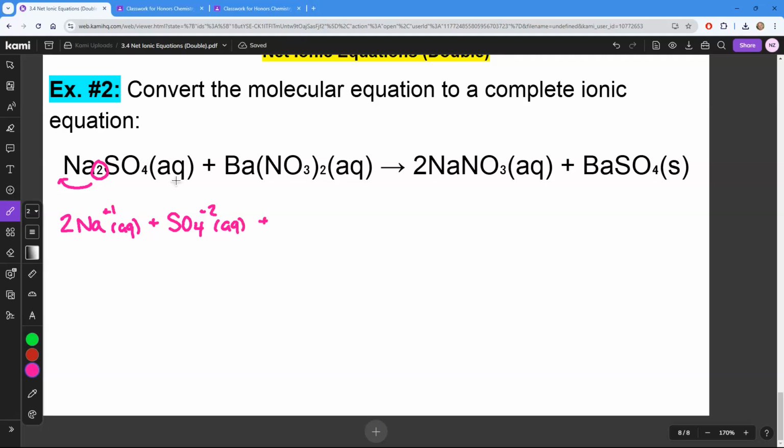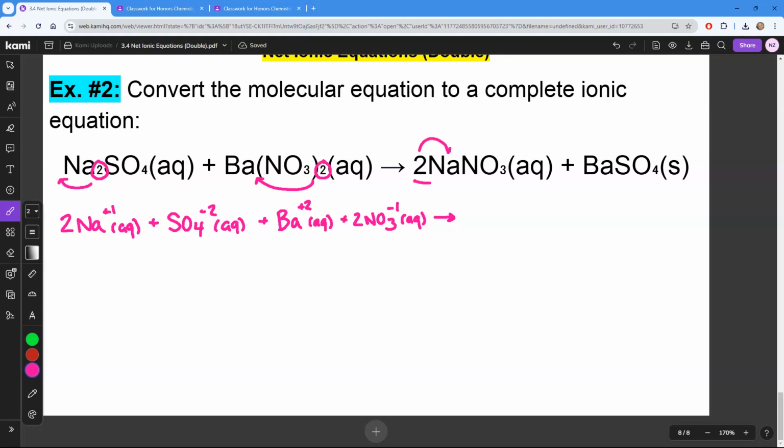Okay, what do we have next? We have barium, Ba. Ba is +2. And then again, we have a 2. That 2 is going to come out in front of our nitrate. Okay, now we have a coefficient.